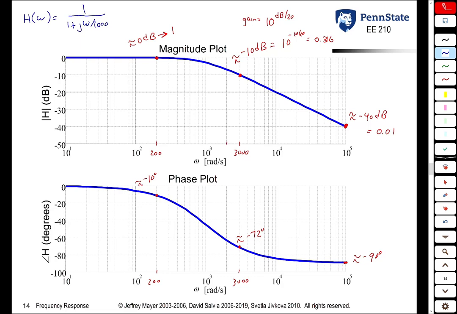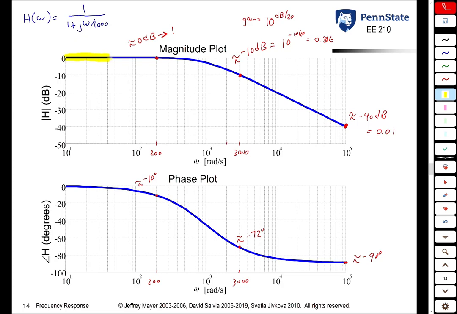When the frequency is small, the imaginary part of the denominator is going to be a small number, 0.01, 0.05, 0.1, etc. And so the magnitude of the denominator of H of omega is going to be just slightly larger than 1.